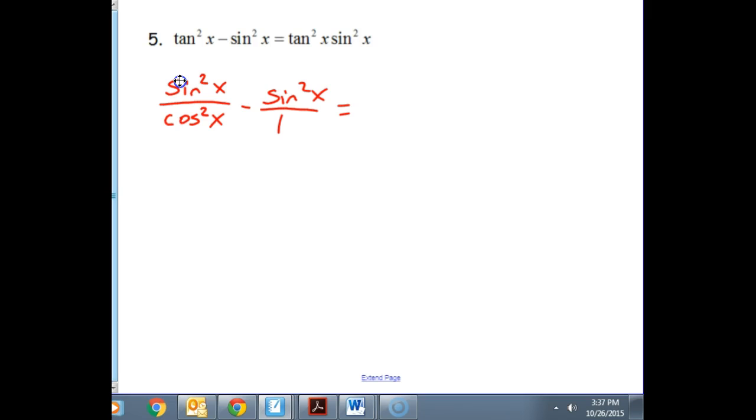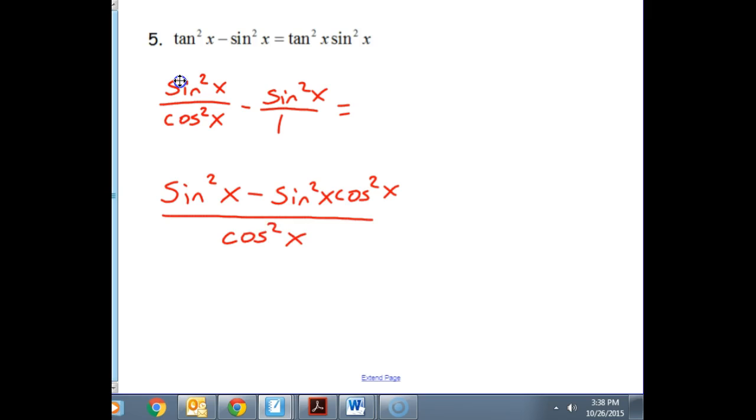These are 2 fractions, so I can put them together. This would give me sine squared x minus sine squared x cosine squared x, since the common denominator would be cosine squared x, all over cosine squared x.